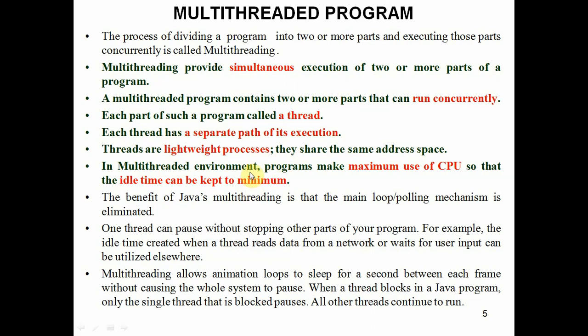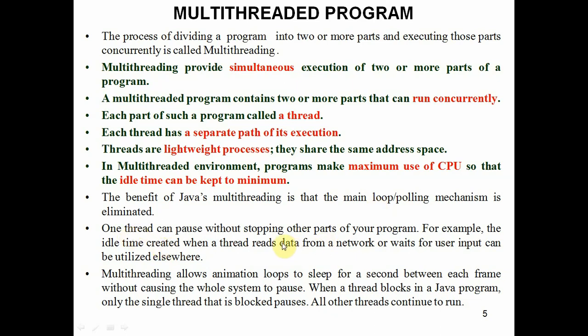In a multi-threaded environment, programs make maximum use of the CPU so that the idle time of the CPU can be kept to a minimum. That means it reduces the idle time of the CPU and utilizes the CPU at the maximum level. The benefit of Java's multithreading is mainly that it eliminates the loop or polling mechanism used in the single threaded program.